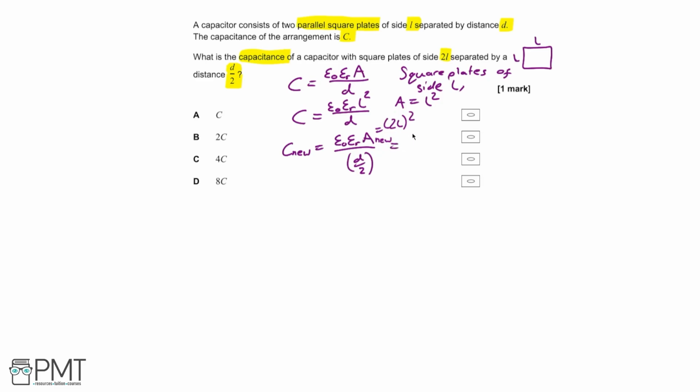So we have that C new is epsilon naught epsilon r multiplied by 4L squared divided by D divided by 2. So C new is equal to 8 epsilon naught epsilon r times L squared divided by D. But this factor here is just the old C. So this is equal to 8 times C. Therefore, because we've determined that C new is equal to 8C, our answer has to be D.